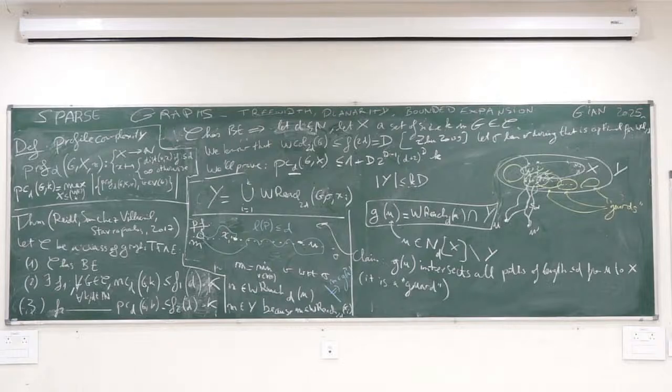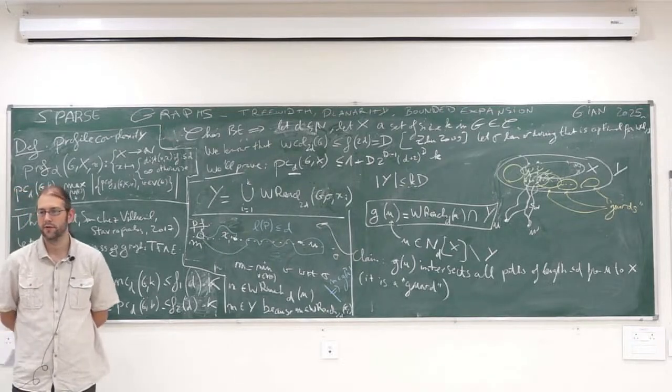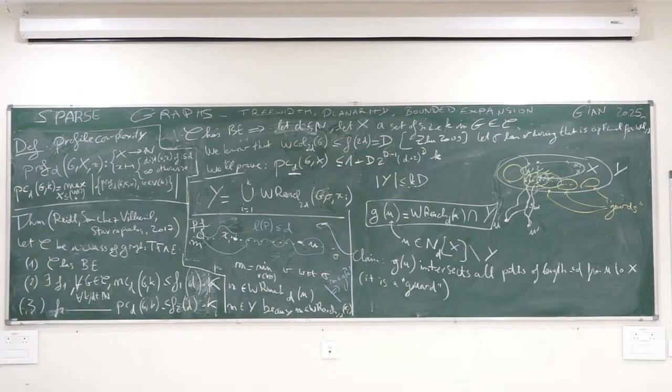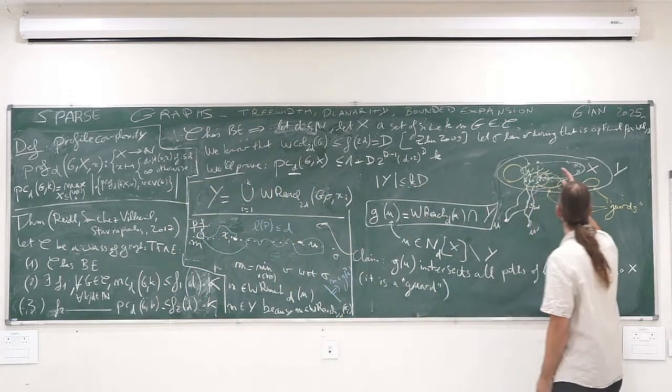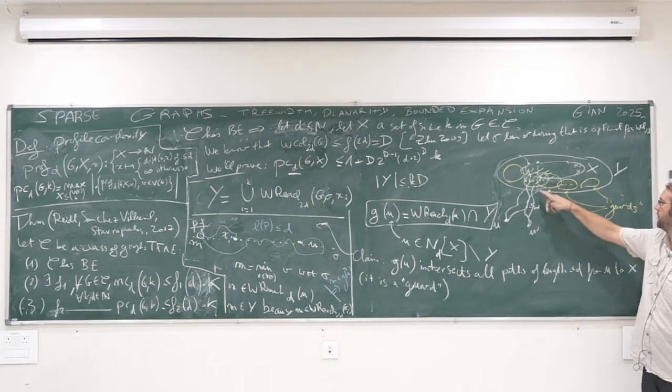So that means this way of defining my guards is correct. This is what I wanted. My intention was that all the paths of length at most d from U to my X have to go through this.